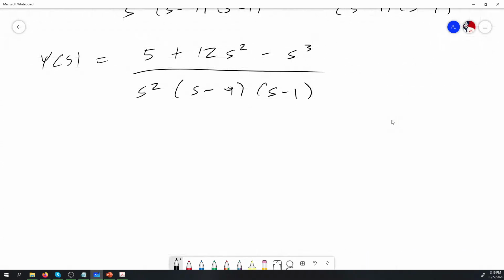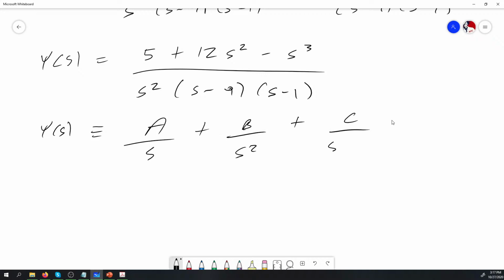The partial fraction equivalent for this, because we're going to have to do partial fractions and then do the inverse Laplace transform, Y of s here is similar to A divided by s plus B divided by s squared plus C divided by s minus 9 plus D divided by s minus 1.